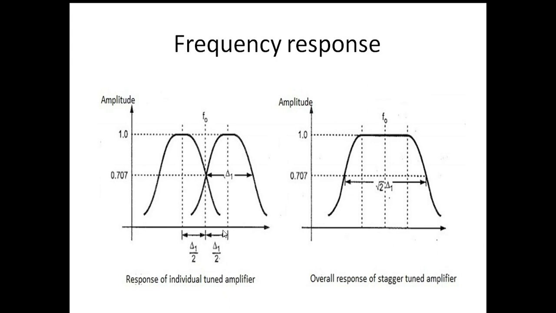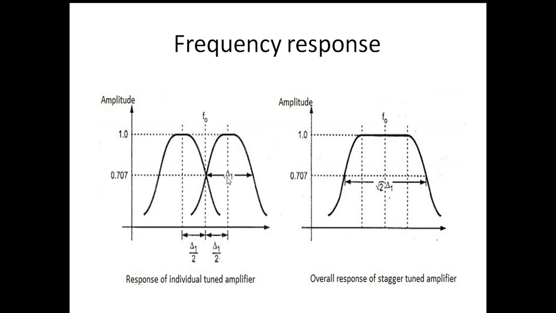From here to here, the same delta 1 by 2. So the total is delta 1. The band of frequency is delta 1, from here to here, and from here to here it is delta 1 like this.